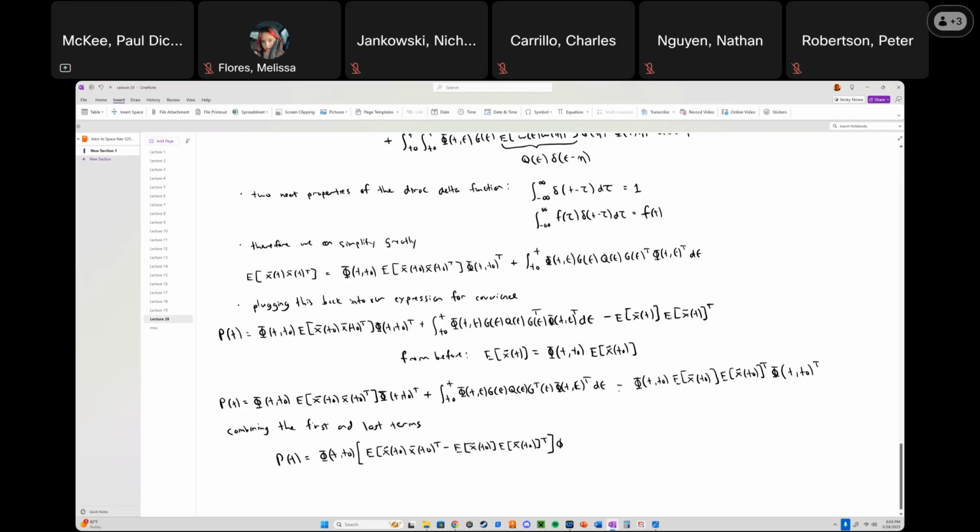And then all of this multiplied by phi from t naught to t transpose.